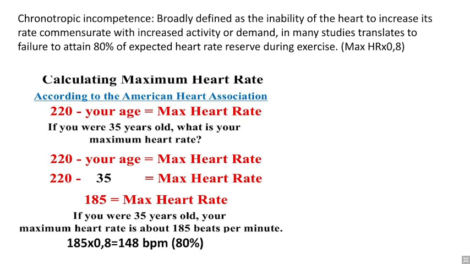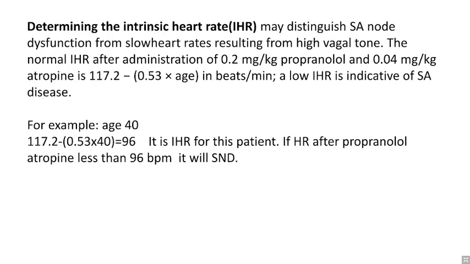If patient is 35 years old, his maximum heart rate is 185 bpm. And we need to calculate 80% of maximum heart rate. And if patient does exercises and can't achieve submaximal heart rate, 80% of maximum heart rate, we think about sinus node problem, sinus node dysfunction.